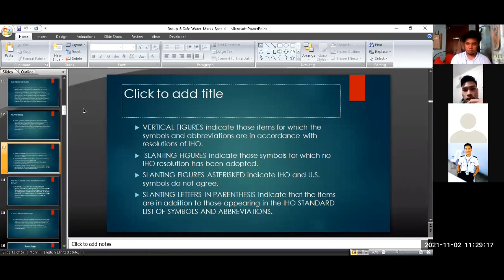Slanting figures with an asterisk indicate IHO and US symbols which do not agree. Slanting letters in parentheses indicate that the items are in addition to those appearing in the IHO standard list of symbols and abbreviations. Next slide, please.